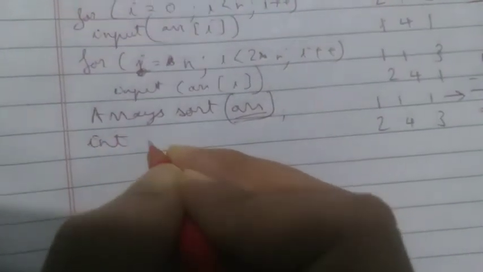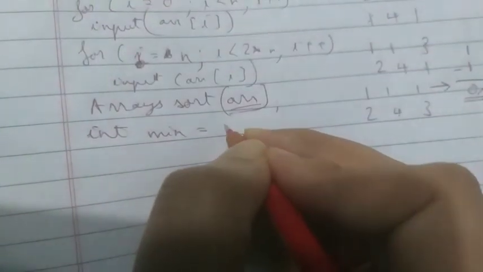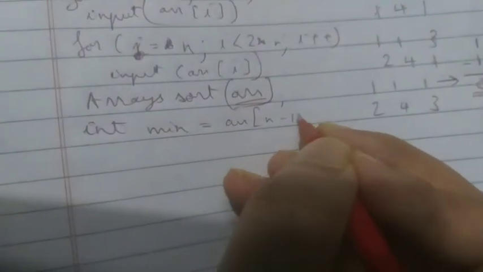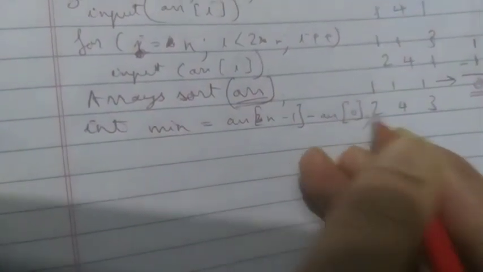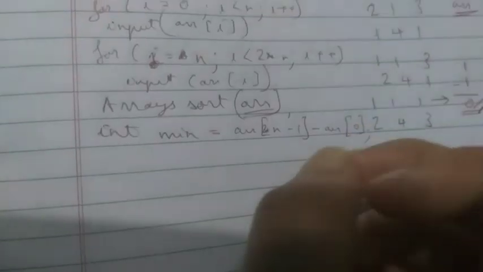Once we are done with sorting, we will say int minimum is equal to ARR of 2 into n minus 1 minus ARR of 0, because this is the difference between the maximum and minimum element among all the elements of A and B. Let's say if this is A and this is B, then among all the elements, the greatest is 6 and the smallest is 1, so minimum will be 5 for the initial case.